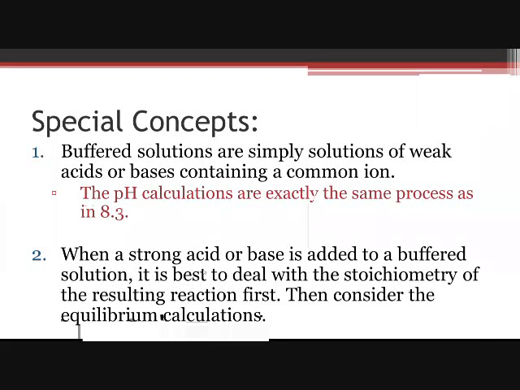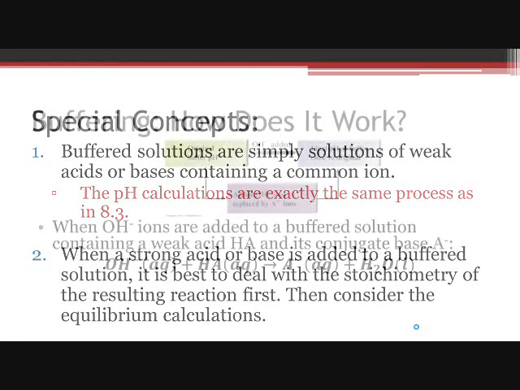So number one special concept relates back to example 16. And example 17 is what it's talking about with number 2, how we had to use up the strong base that was added first to then figure out the process to get to pH.